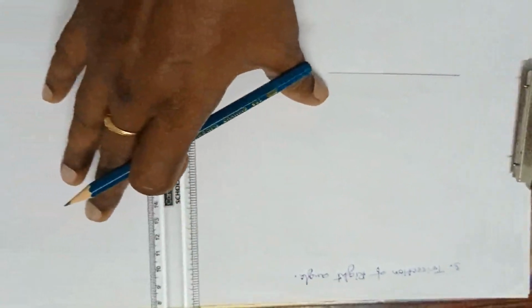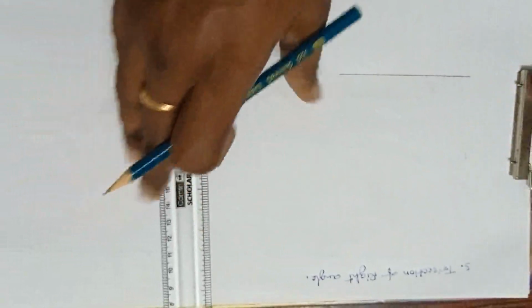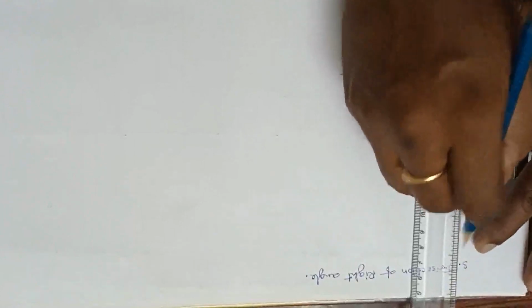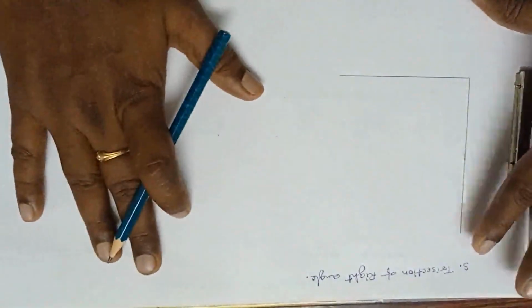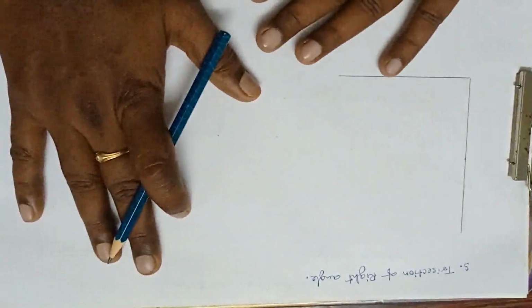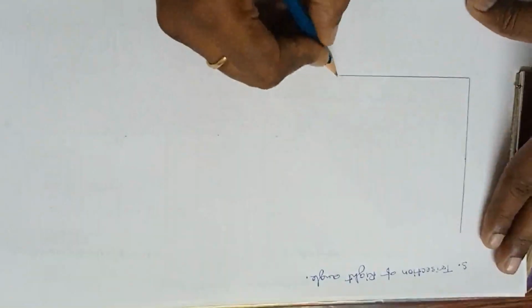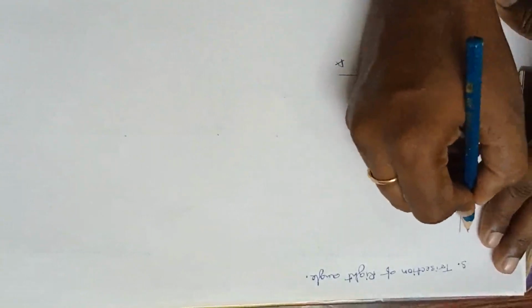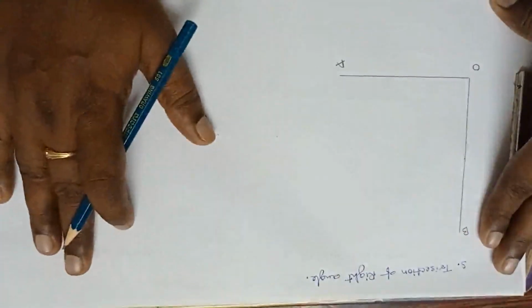Okay, done. Now from here draw the line, the 90 degrees line. Yes, this is exactly a 90 degrees line. Now I'll call this angle A, O and B, which is at 90 degrees.